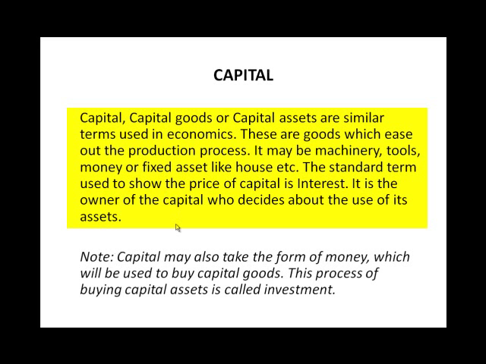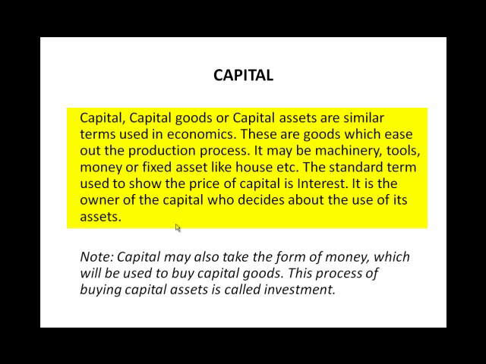Capital, or capital goods, or capital assets, are similar terms in economics. These are goods which ease the production process. It may be machinery, tools, money, or fixed assets like a house. The standard term used to show the price of capital is interest.